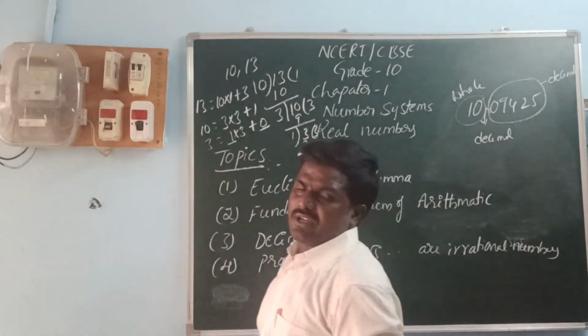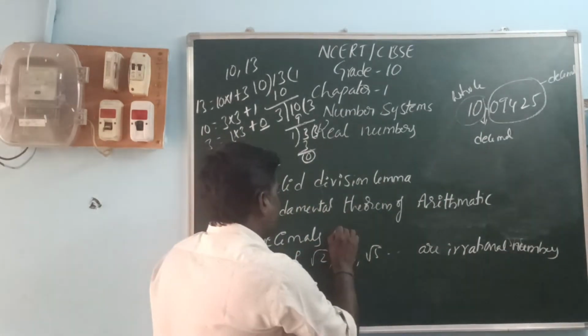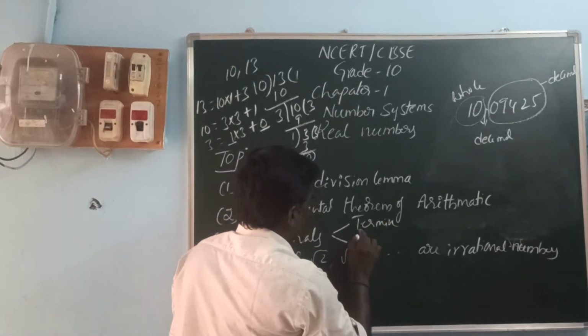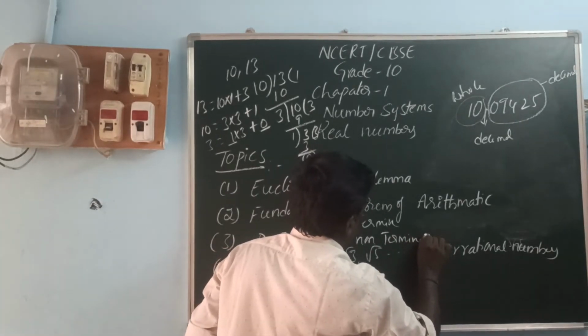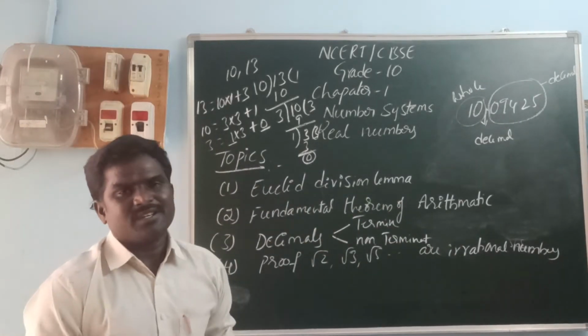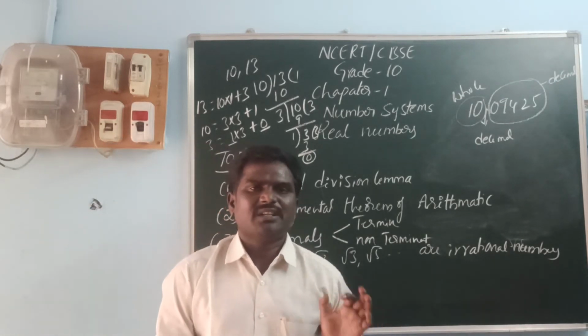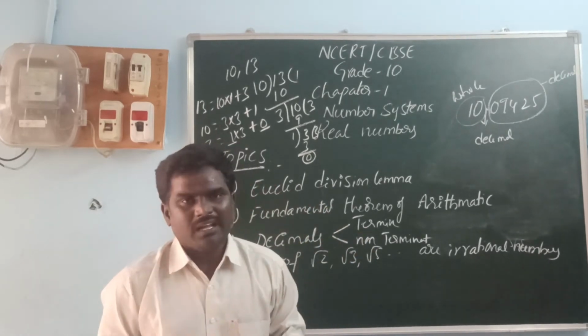Decimals have two types: terminating decimals and non-terminating decimals. Terminating decimals means the decimals which are countable, that means 1 decimal, 2 decimals, 3 decimals, like this we can count.